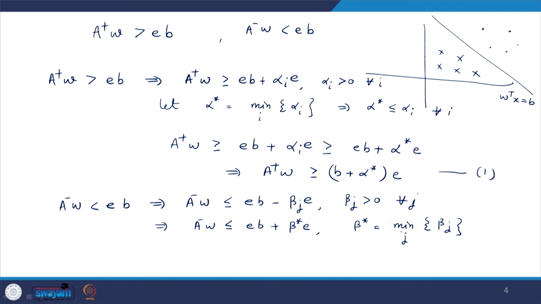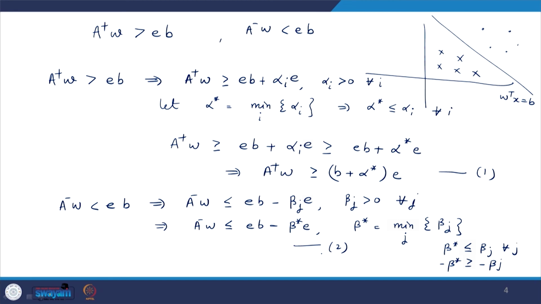In the same way as we did here, minus beta j will be less than or equal to beta star. Here it is minus, sorry. So negative of beta star will be greater than or equal to minus of beta j.